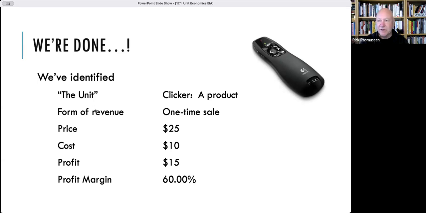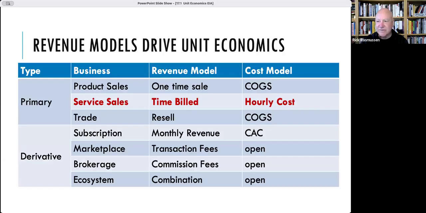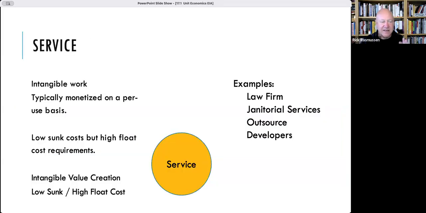Cool. Let me go through and talk about the others, and I'll get to subscription in a second. For services, if one of your revenue streams is a service model, you calculate that separately. A product is a tangible thing. An intangible product where you're selling time is a service.